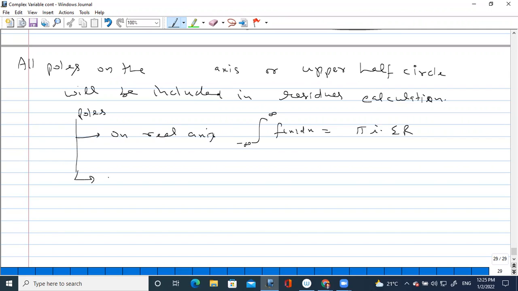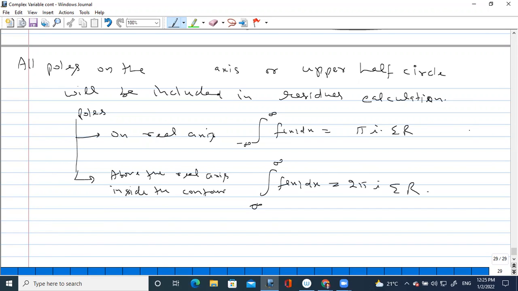If your poles are above the real axis, inside the contour, then you have to take this integral as 2 pi i summation of residues. So these are the two methods. Note down this, then we will solve the problems.